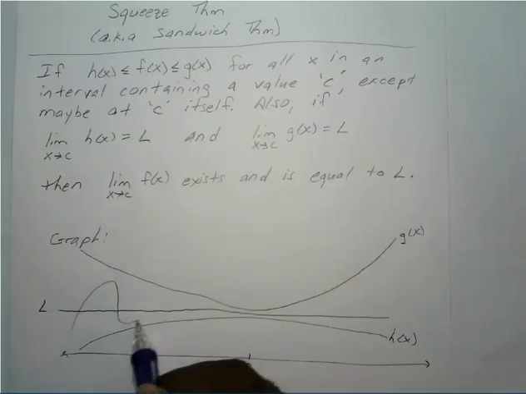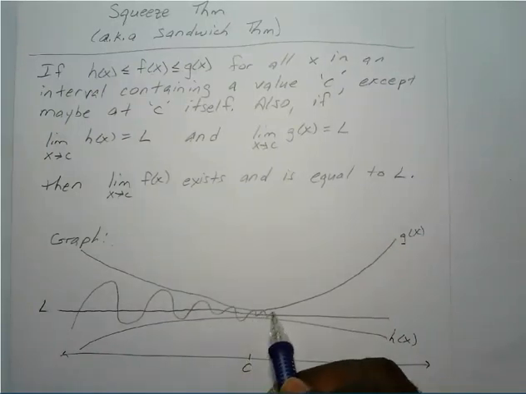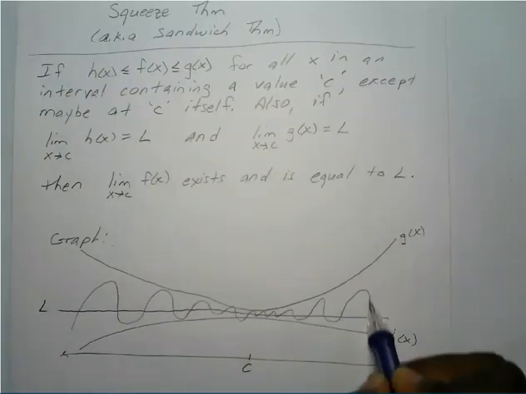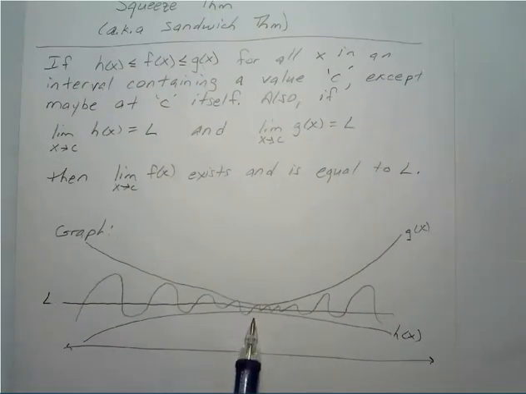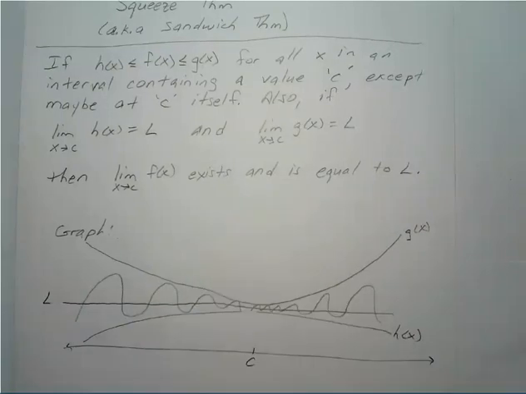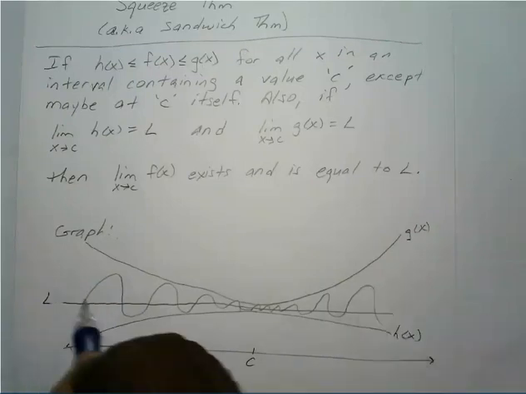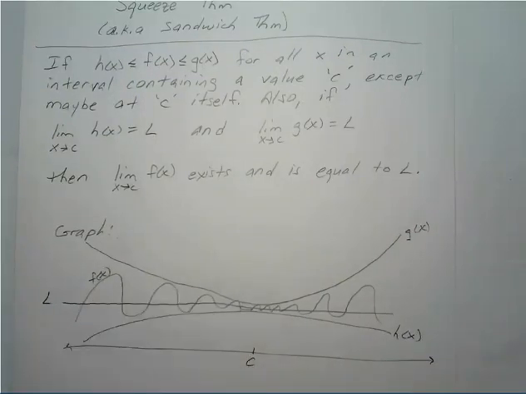Let's say your f of x is some wild and crazy function that stays between g of x and h of x as it approaches c. Oh, I accidentally went under there. I didn't want to actually pass by that h of x. Okay, so this odd looking function is your f of x.